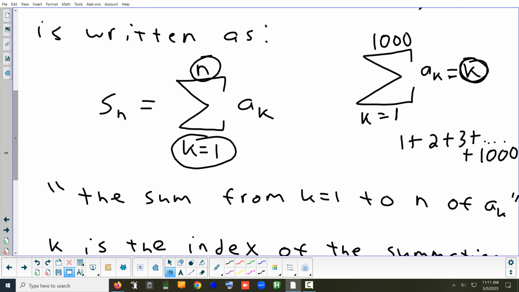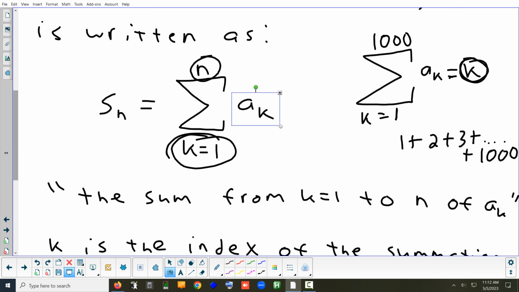So this, if you want to pronounce what it says, is you start by pronouncing the sigma, which is the sum, from the starting point to the stopping point. So from K equals 1 to N, and then you say "of", and you write the formula that you want to use to generate the numbers you're going to add up.